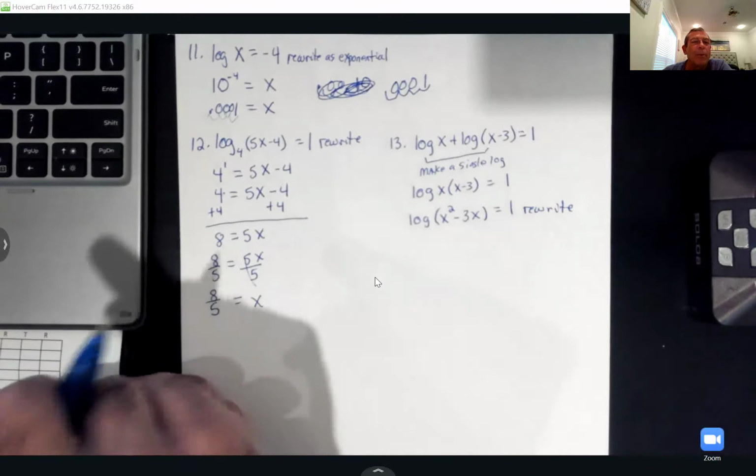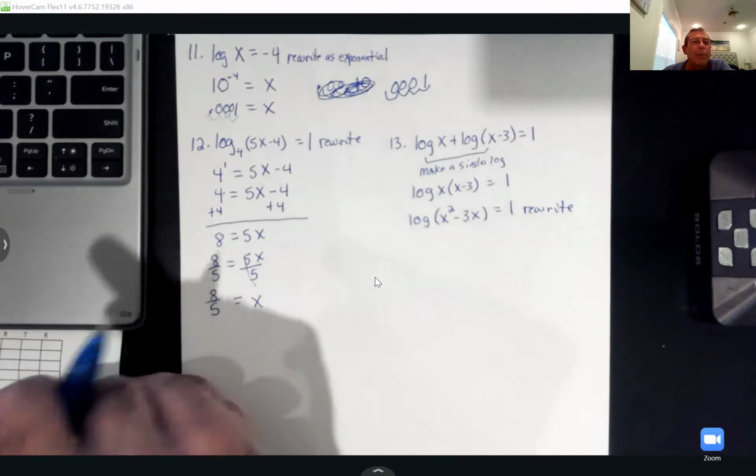So what exponent are y'all about to put on that 10? Okay, that's going to be a 1. So y'all, 10 to the first is going to equal x squared minus 3x. Alrighty, so 10 to the first is 10.